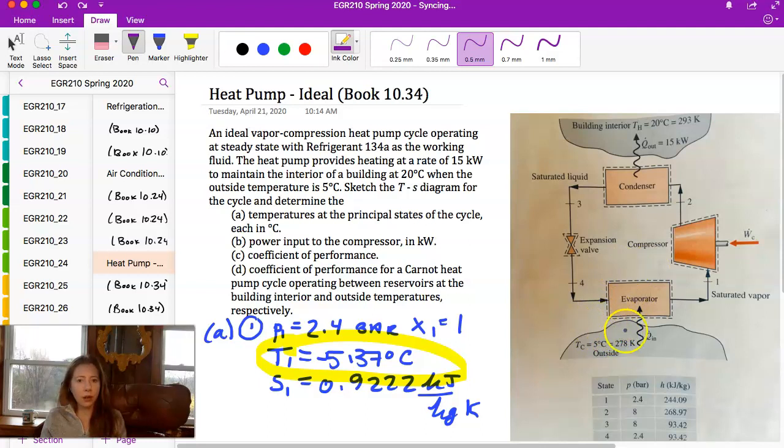Okay, so we're operating lower than this. And our TH, the out for the Carnot cycle, would be 20 degrees Celsius. Our TH is like 35. So we have a bigger span that we're operating over, and we're still not as efficient as a Carnot cycle, which would be reversible, and so that is a different ideal situation than the one we're dealing with here. So this is just ideal, but it's not a Carnot cycle.